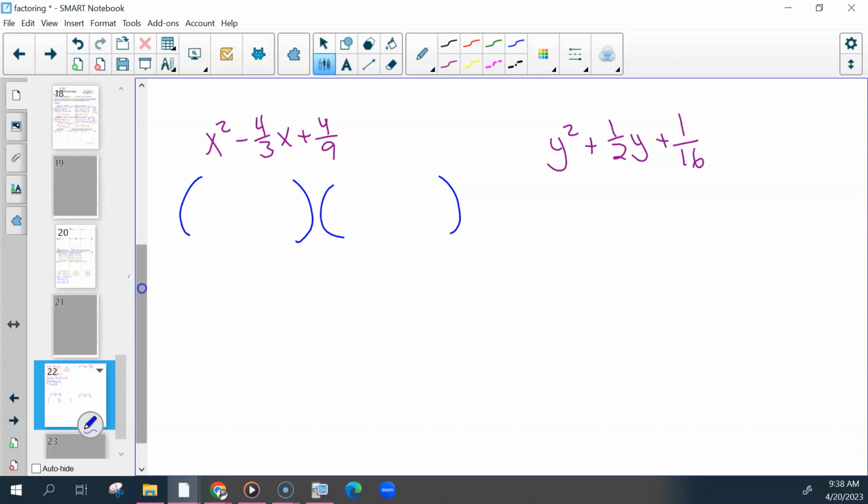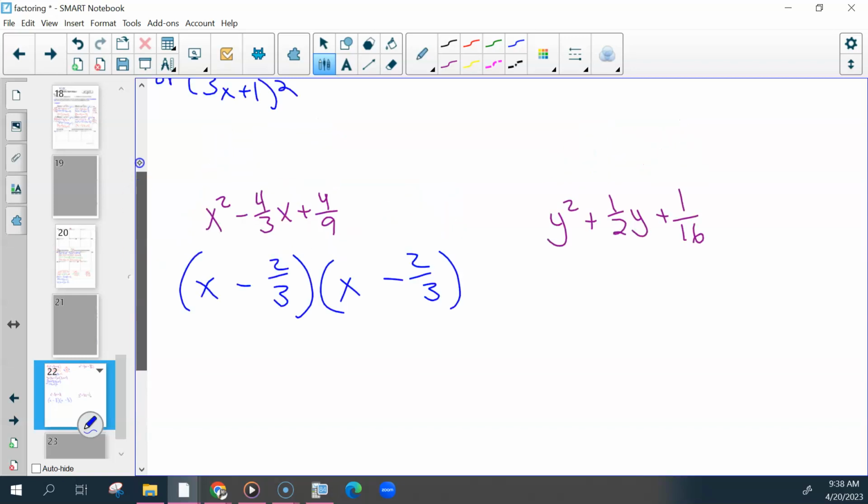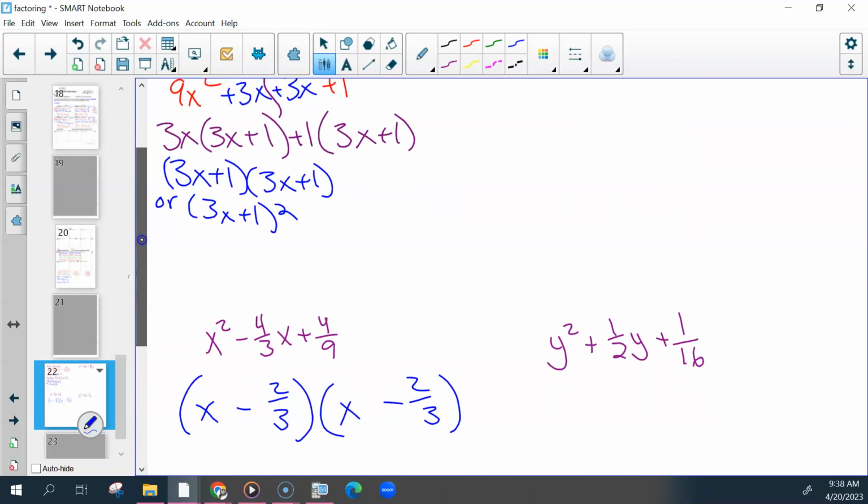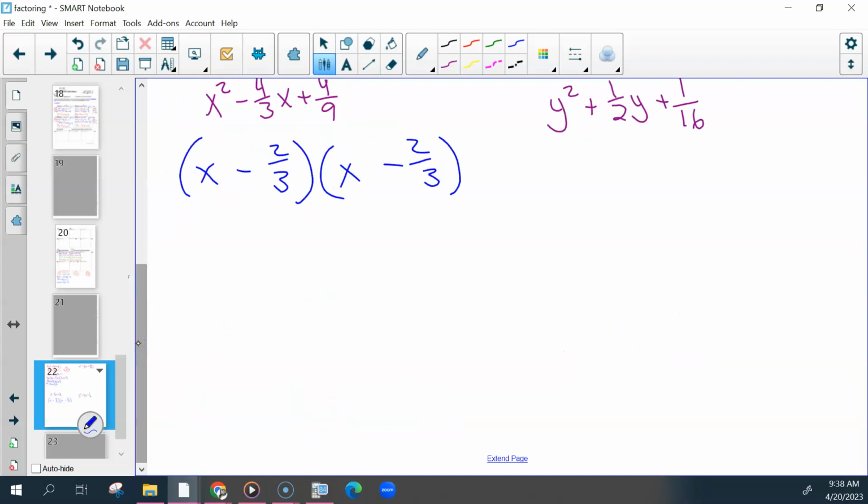What times what will give you 9? You would have to know what type of signs you need. So this is positive, this is negative, so these would both have to be negative. However, you will not see factors like this with fractions like this because they're all written in this format. So you would have to rewrite these in that format.